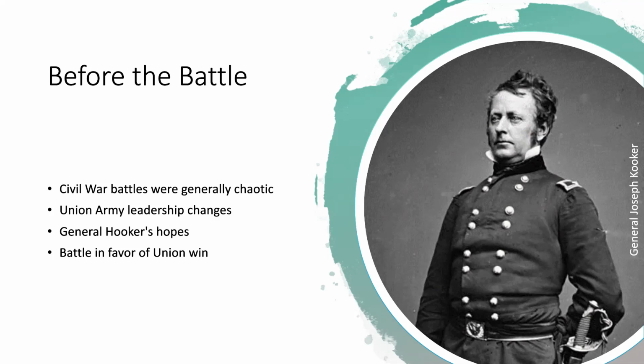This is why they didn't want to do it during the night when they couldn't even see, because sometimes friendly fire even happened during the daytime, which is what happened to General Jackson.